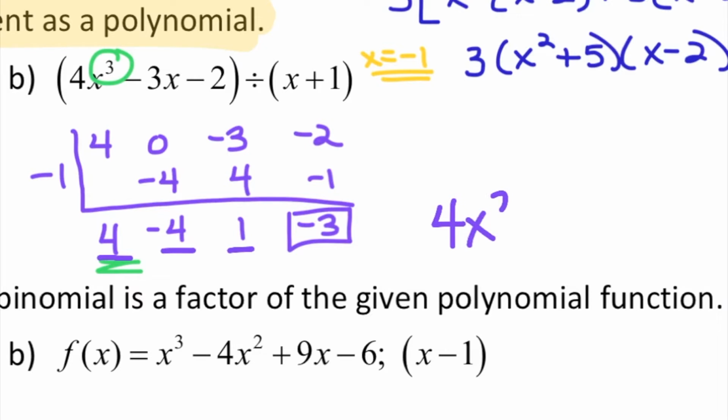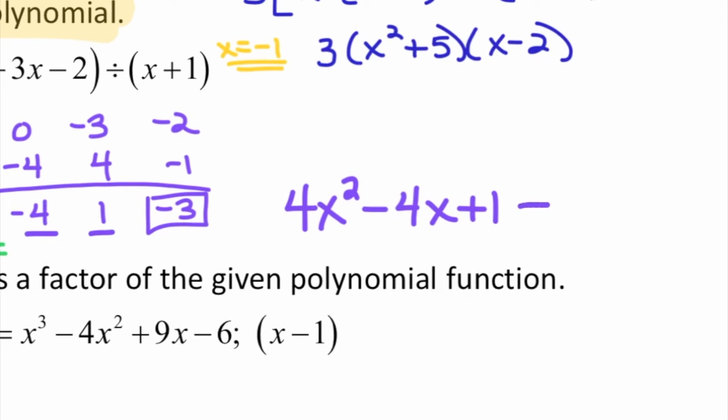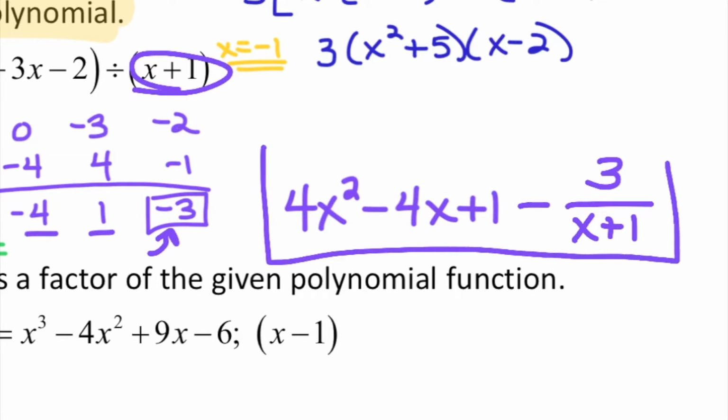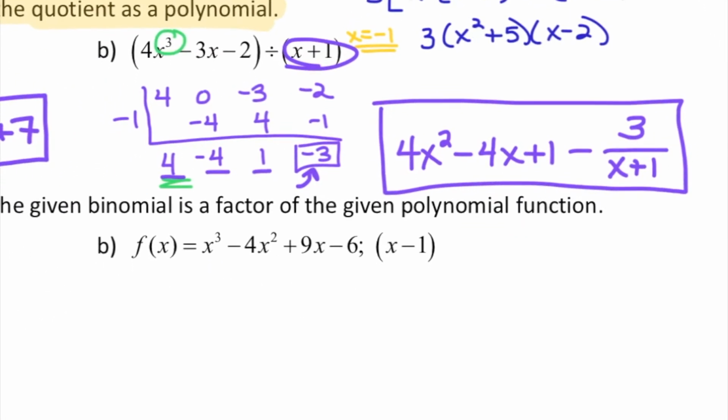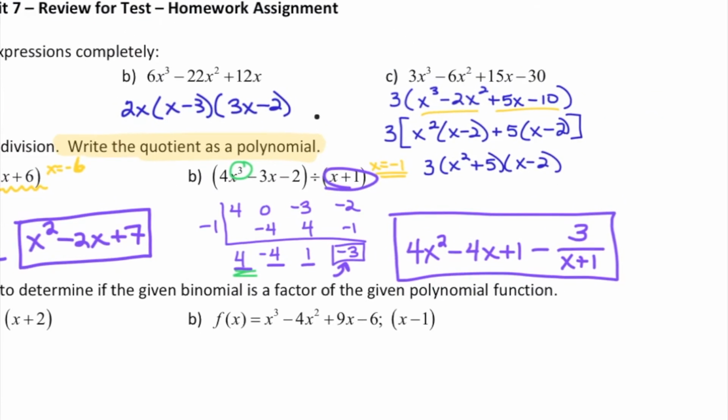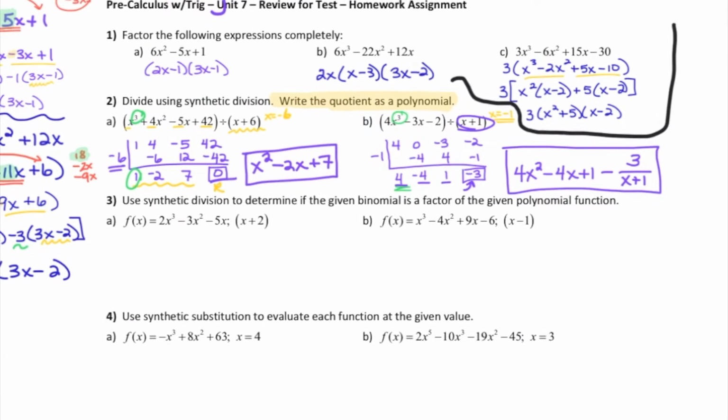So 4x squared minus 4x plus 1, and then minus, because of the negative with the 3 over, and then go back up to your original divisor, 3 over x plus 1, and that's how you write a remainder when you're dividing polynomials. Let me just make sure that it's obvious which problem is which.